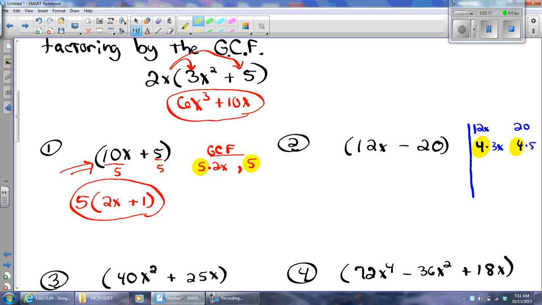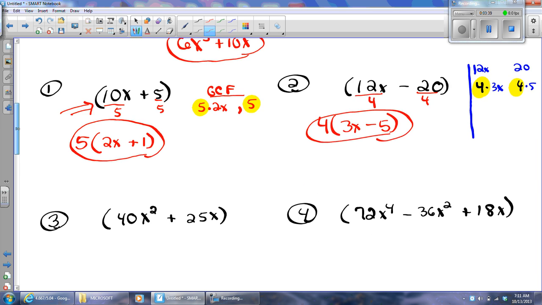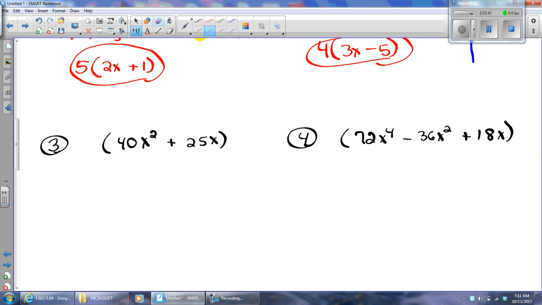So I'm going to pull out the 4, and have a 4 in front of my quantity. I'm going to divide by 4 here, divide by 4 there, and I'm going to get 3x minus 5. Oh, it's pretty easy stuff. Yeah, it is. Even with the more complicated ones, it's still pretty easy.